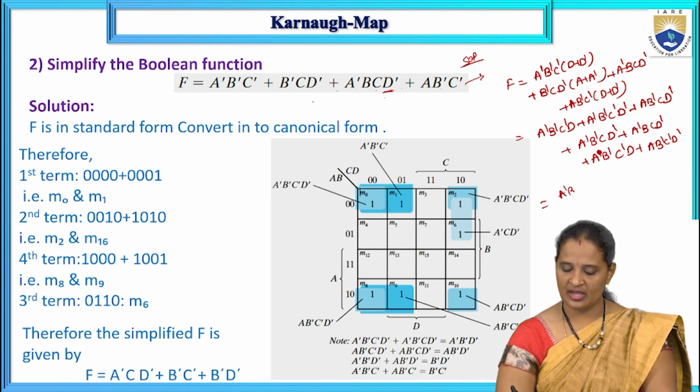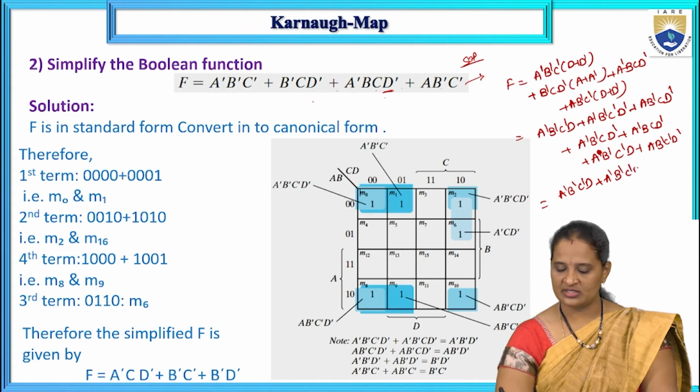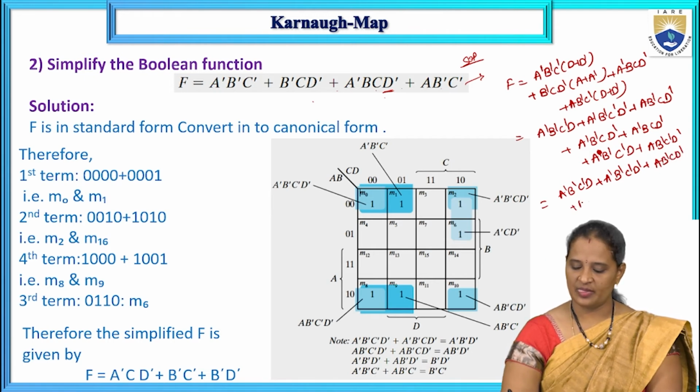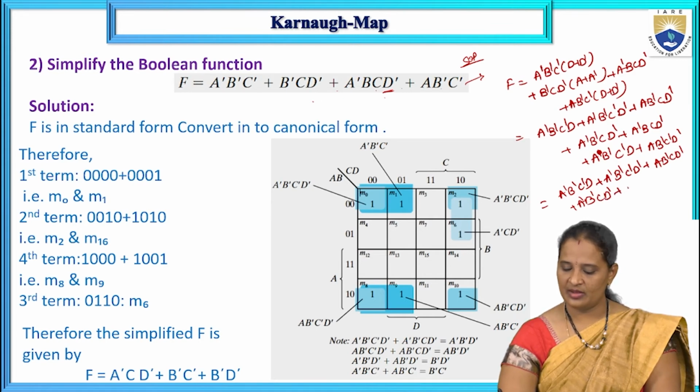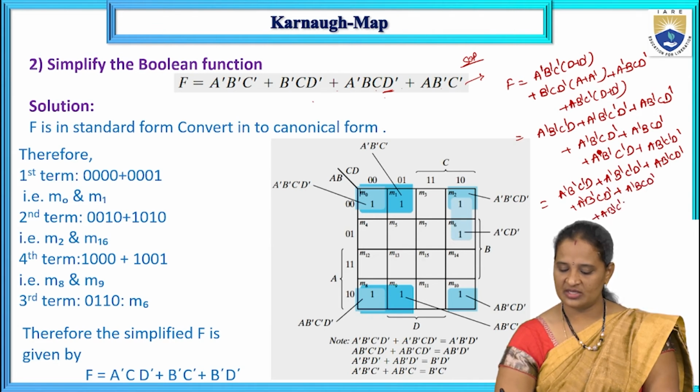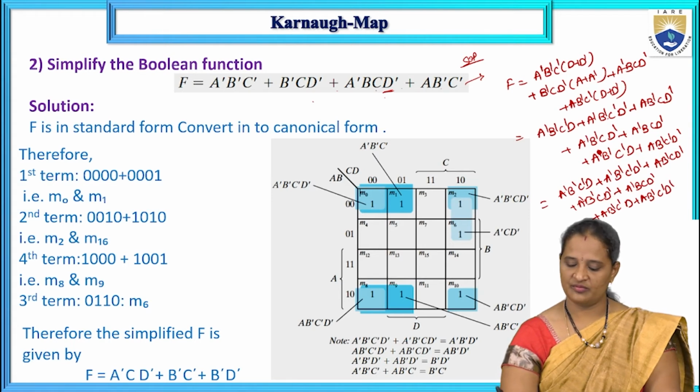So, this is not common: A complement, B complement, C complement, D plus, whereas this is also not common: A complement, B complement, C complement, D complement, AB complement, CD complement, AB complement, CD complement plus A complement, B complement, CD complement plus A complement, B, CD complement plus AB complement, C complement, D plus AB complement, C complement, D complement. 1, 2, 3, 4, 5, 6, 7.